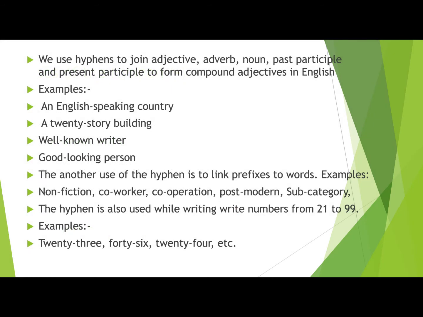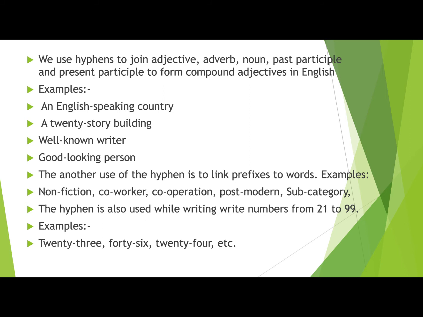Let me tell you in detail about hyphens now. We use hyphens to join adjective, adverb, noun, past participle, present participle to form compound adjectives in English. Well, let's have some examples. An English-speaking country. In this phrase, we have English and speaking connected with the hyphen.